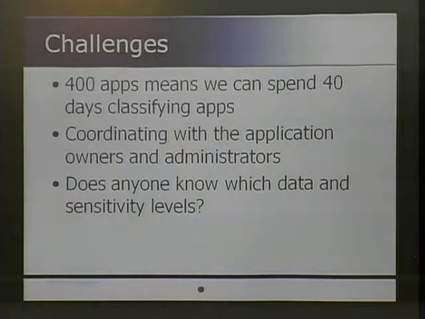But with our 400 apps, we could spend 40 days just classifying the applications, right? You now have to talk to all these application owners, talk to administrators: what type of data is being used in your application, what's the functionality? All that stuff was just too overwhelming.